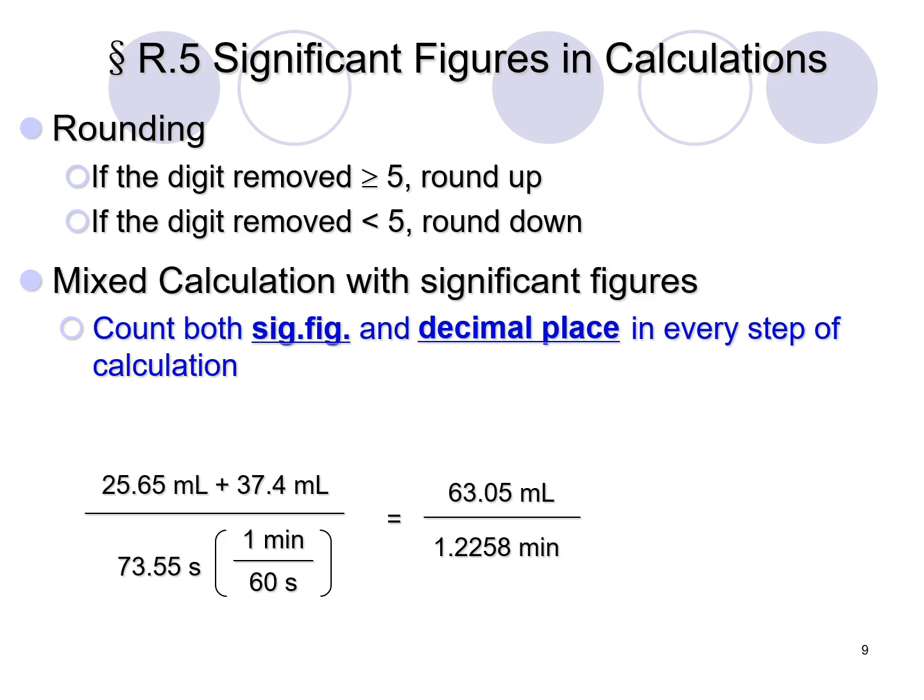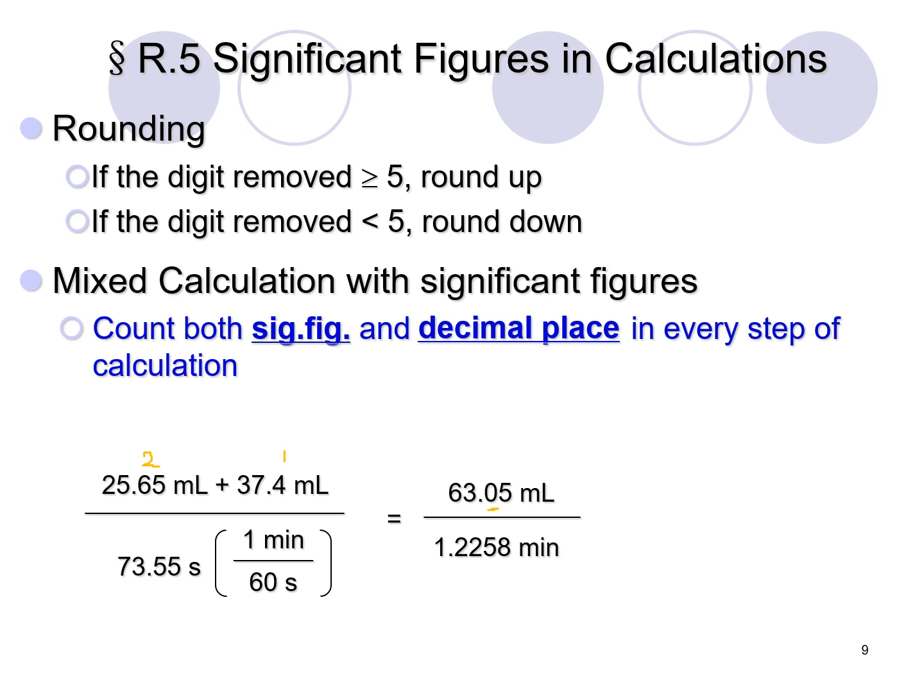All right. Let's see. The numbers on top are addition. What do we have to count? Do we count decimal places or sig figs? You're right, we count decimal places. 25.65 has 2 decimal places, and 33.4 has 1 decimal place. So where should we end?